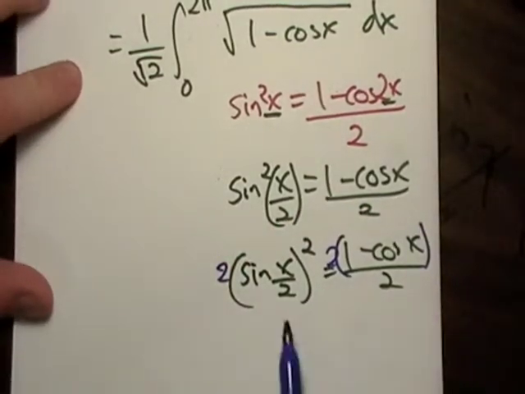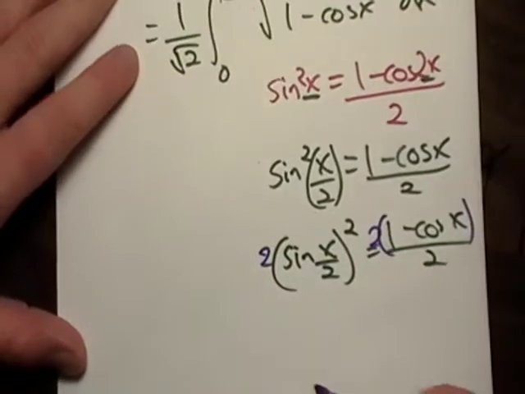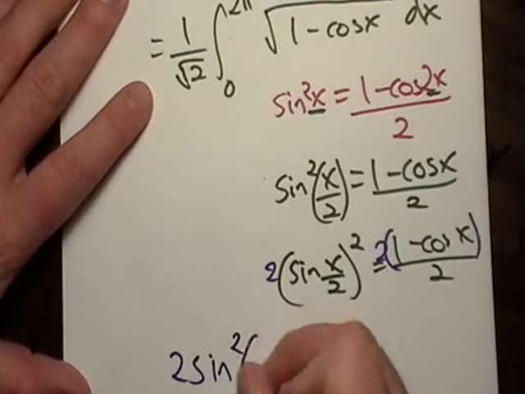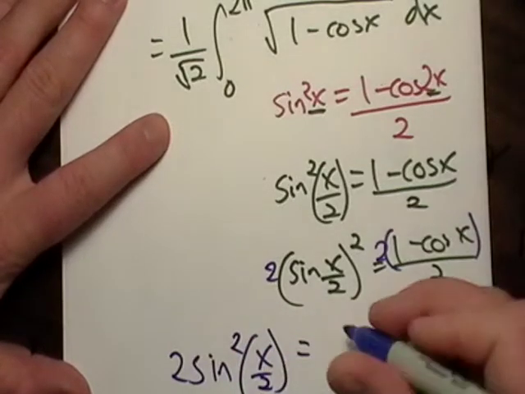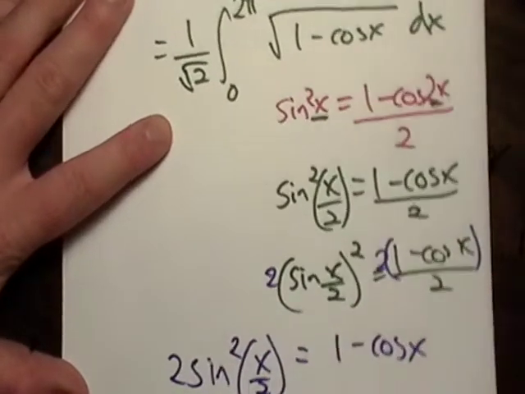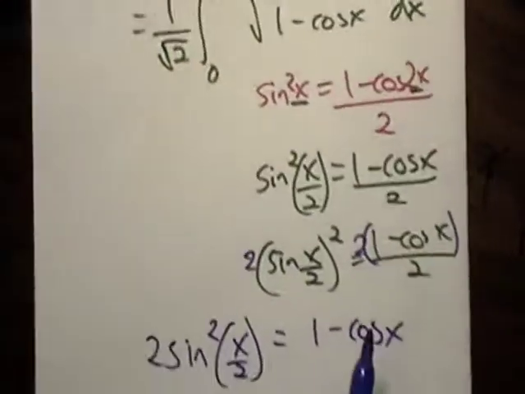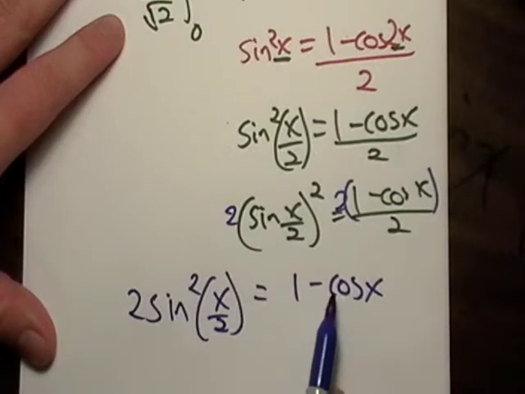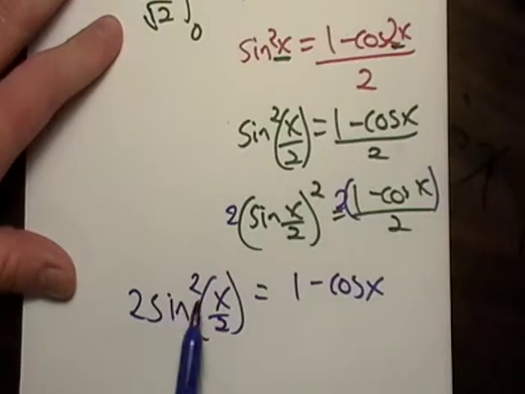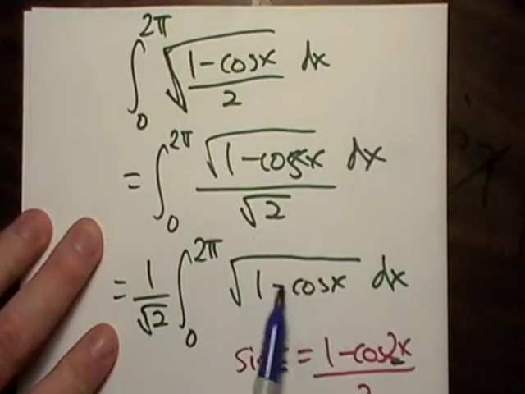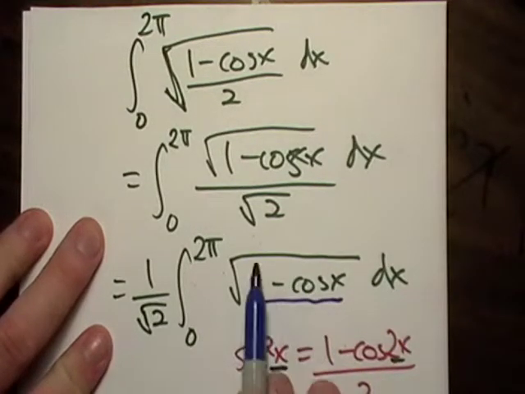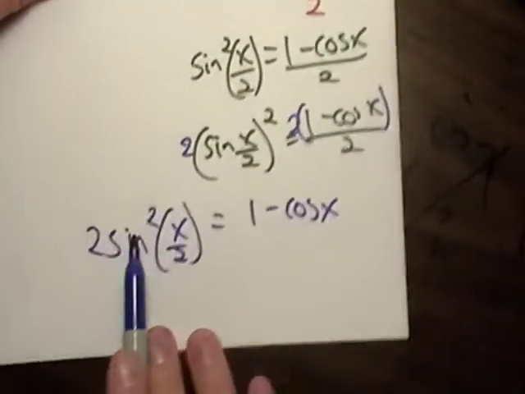I should have done it over here. Ooh, I ran out of paper. So, okay, if we go ahead and do that, now we've got 1 minus cosine x equals 2 sine squared x over 2. The reason we did this is we wanted to rewrite this as a square of something, because if we can rewrite it as a square, the radical will cancel out, and that's exactly what we did.